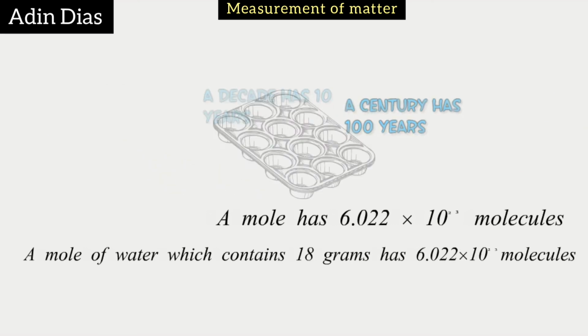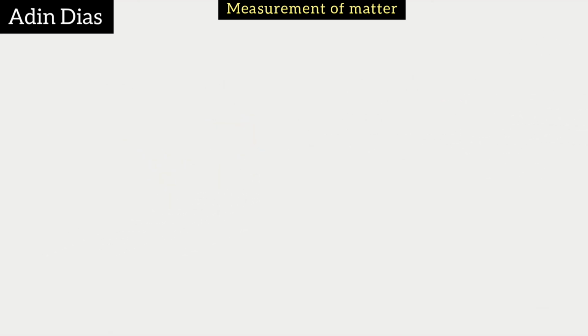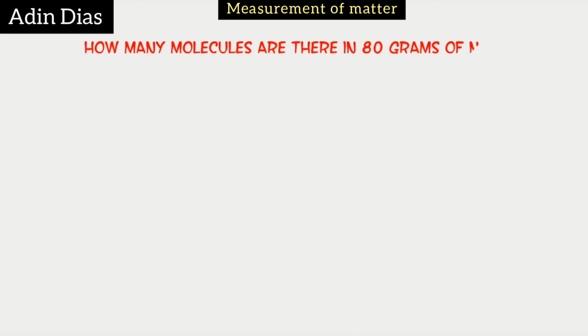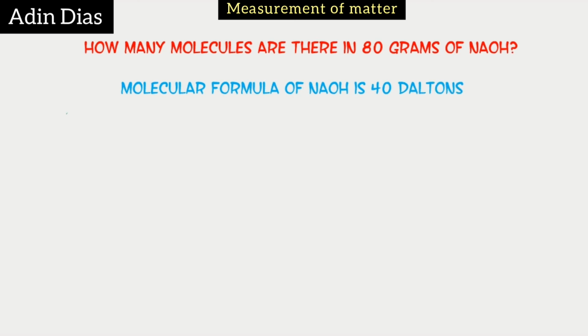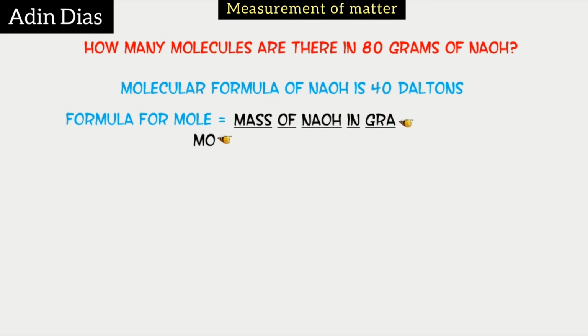Let's solve an example to make your concept clear. The question goes like this. How many molecules are there in 80 gram of sodium hydroxide? We already know that the molecular mass of sodium hydroxide is 40 daltons. So the formula for moles goes like this. Mole is equal to mass of substance in grams, in our case NaOH, in grams, upon molecular mass of NaOH.